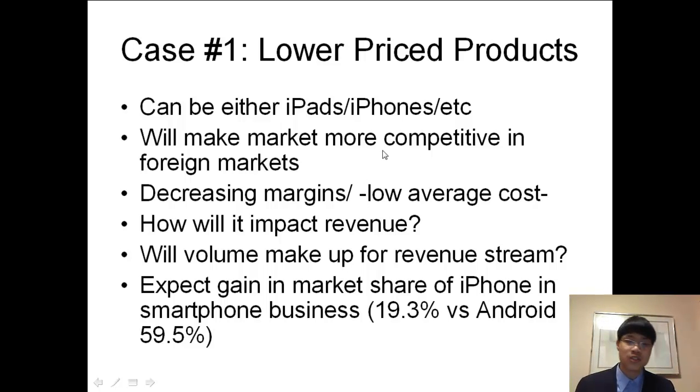But the problem with this is we're probably going to see decreasing margins if they choose to do that, because of the low average. The cost structure, hopefully, I think would still stay the same. Now, if it's lower, then obviously it wouldn't impact the margins too much.